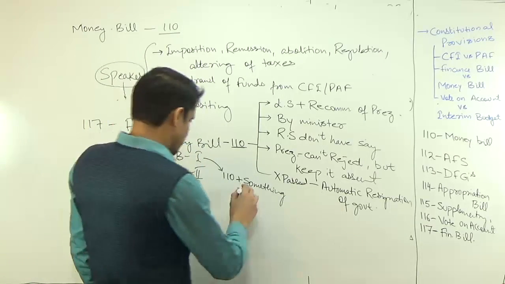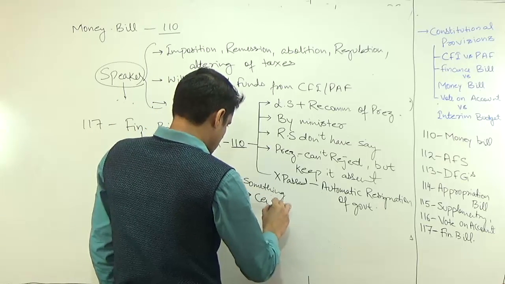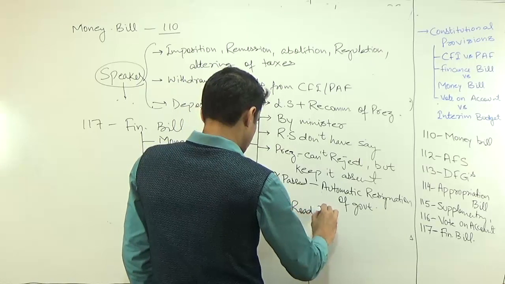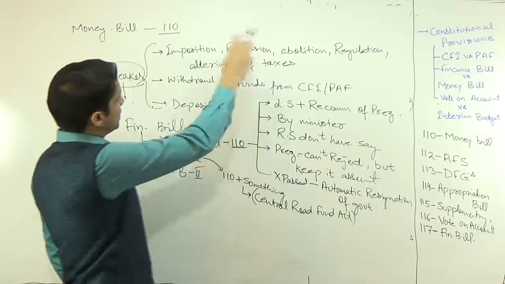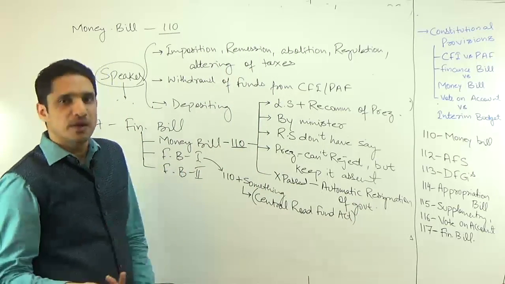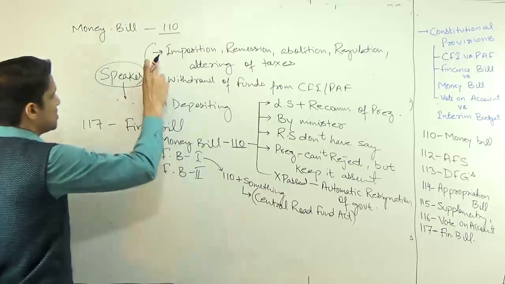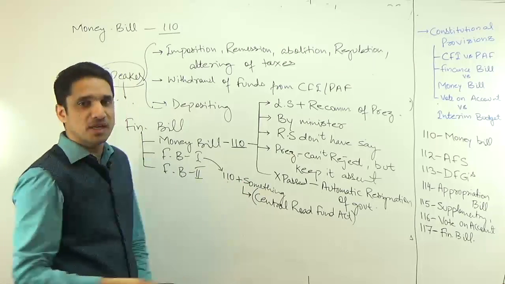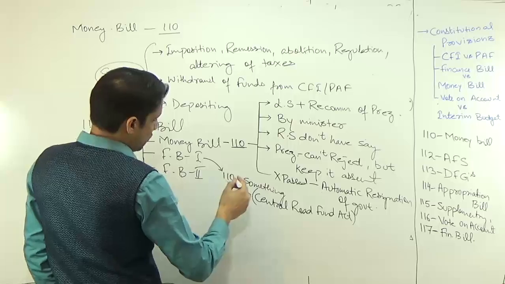Just like the Central Road Fund Act, it is related to imposition of taxes, cess and all this, plus it will be non-lapsable. This non-lapsable component is nowhere mentioned in Article 110. So it means this has 110 plus something else. Such type of finance bill is known as finance bill 1.